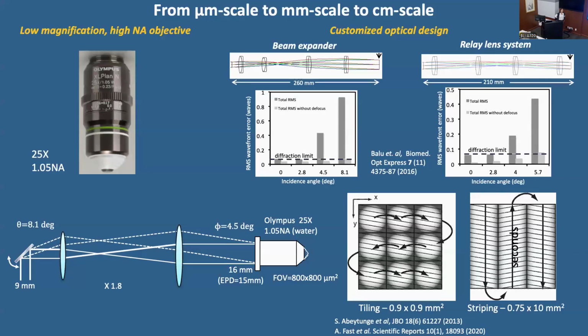It's an immersion objective, a water objective. We put a drop of water on the skin for refractive index matching, and then the objective is a water objective, but we use an ultrasound gel with a similar refractive index to keep it more in place during imaging. You'll see it in clinic in the afternoon.